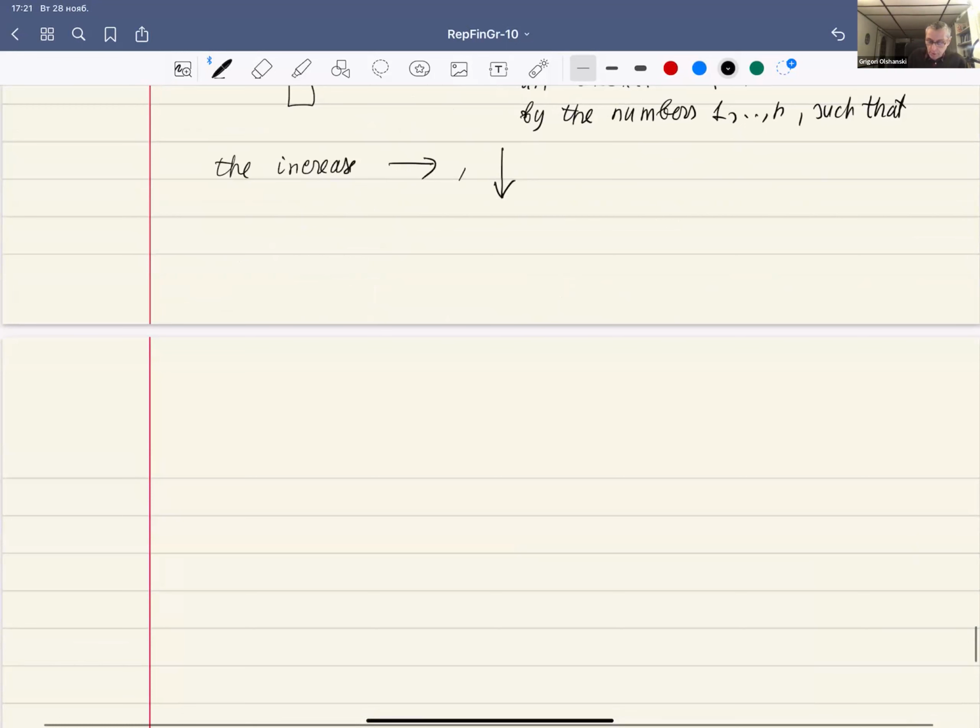So in particular, we have something like this. This is a standard tableau, and this is not.